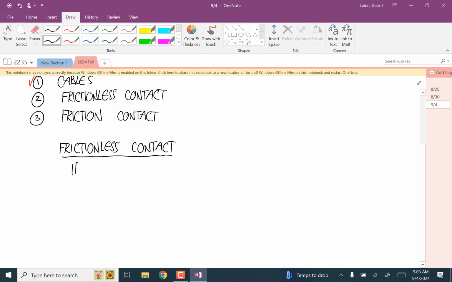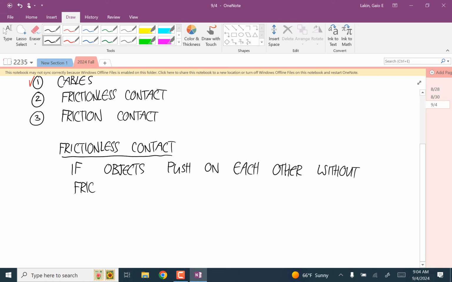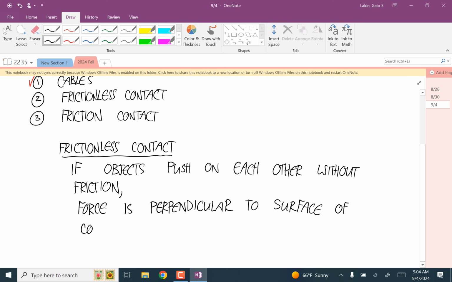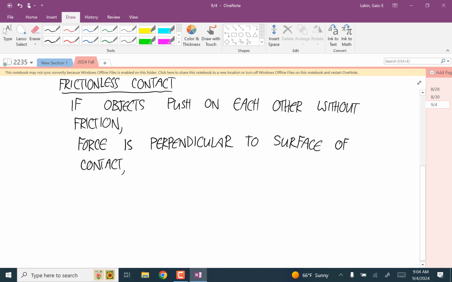So if two objects push on each other without friction, the force is perpendicular to the surface of contact and toward the chosen body.